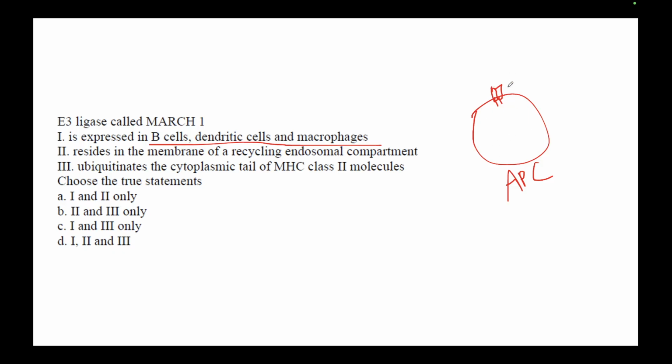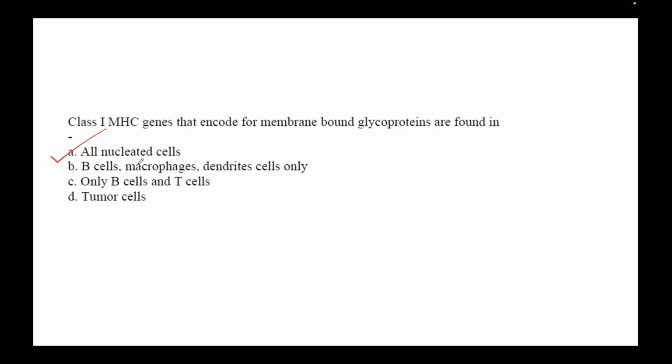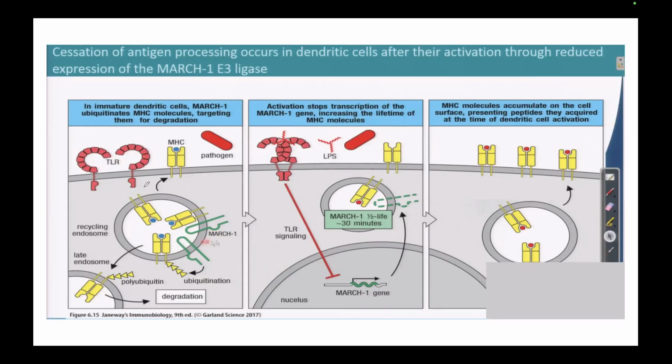Okay, MHC2 is found only on the surface of these cells: B cells, dendritic cells, and macrophages. So these are APCs expressing MHC type 2, and they present the antigen with the help of MHC type 2. The machinery we have read for the E3 ligase March1 is for the expression of MHC class 2.